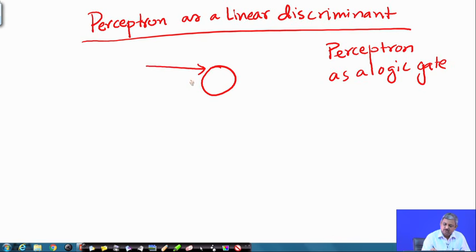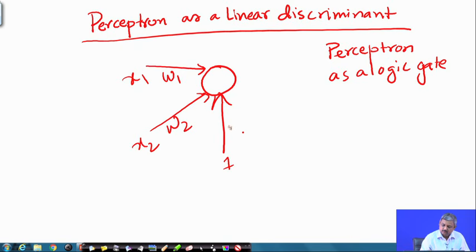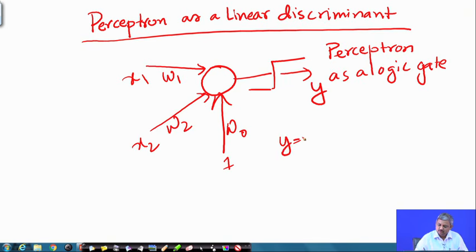Suppose I have two inputs, two weights, and there is a bias term W naught, and there is a threshold activation function. So, what I want is this final y as some logical function of x 1 and x 2. Okay.